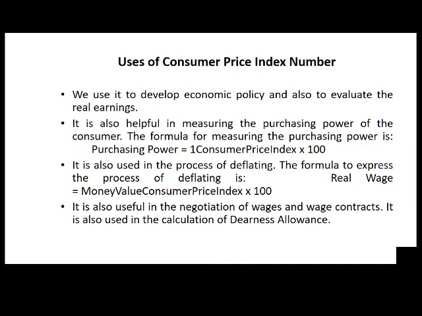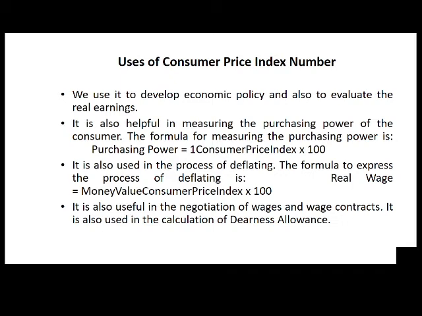So what are the uses of consumer price index number? We use it to develop economic policy and also to evaluate real earnings. Second, it is helpful in measuring the purchasing power of the consumer. The formula for purchasing power is: purchasing power equals 1 divided by consumer price index, into 100.